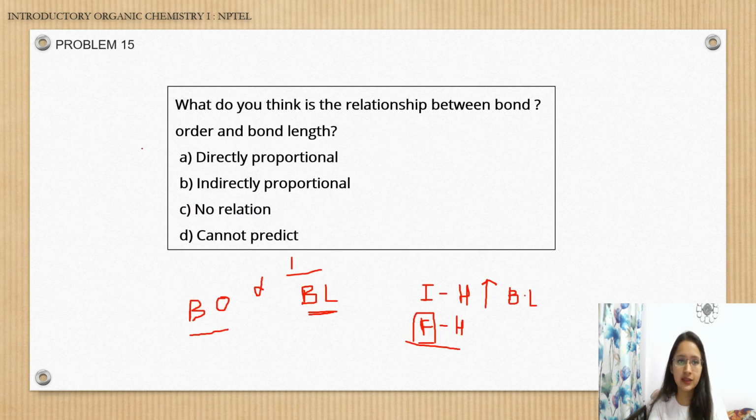Is it clear to all of you how this inversely proportional relation exists between bond order and bond length? Any questions regarding this? Any confusion?